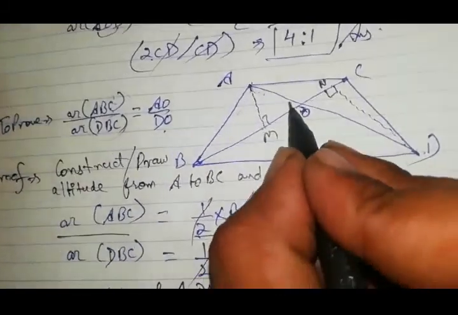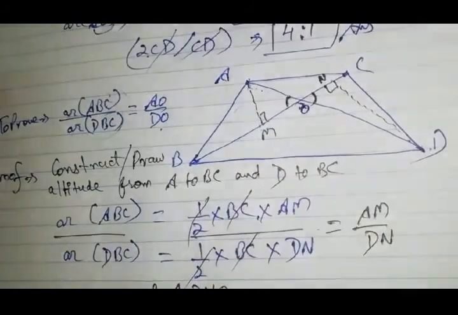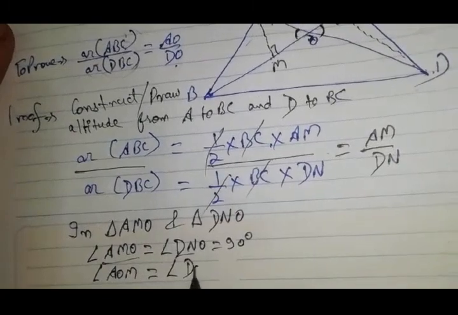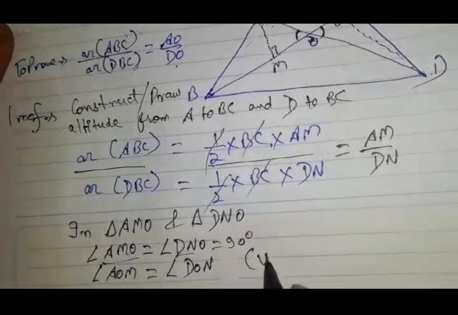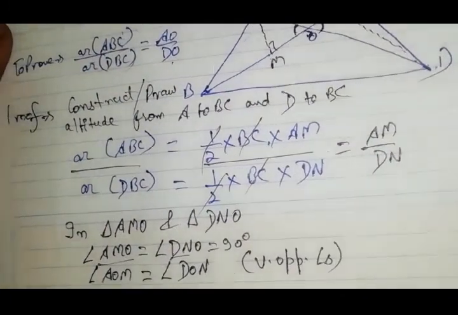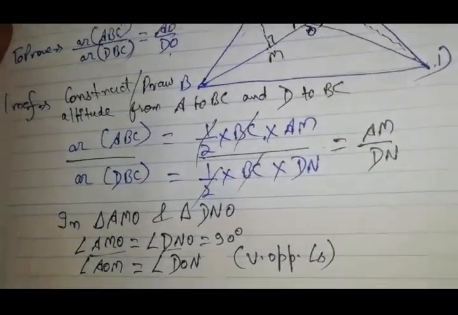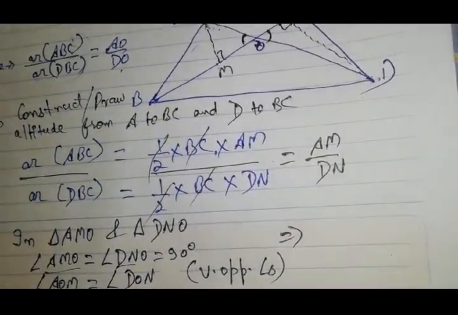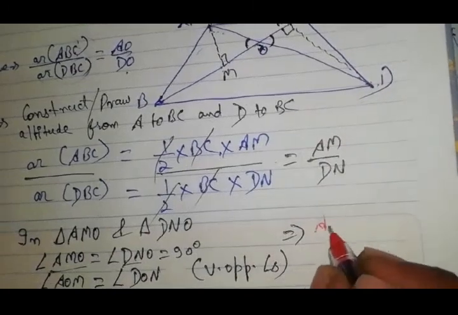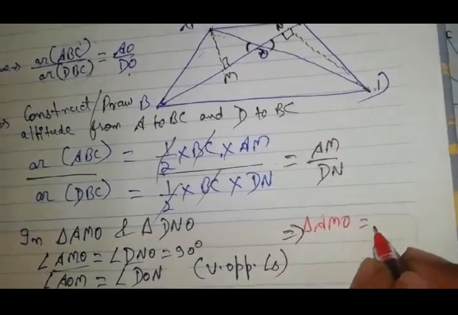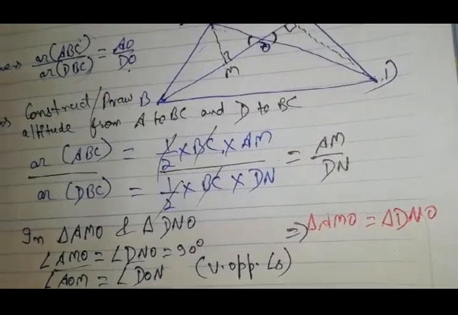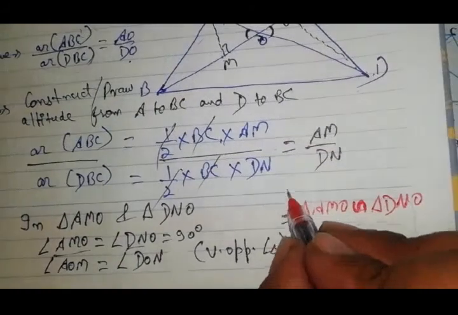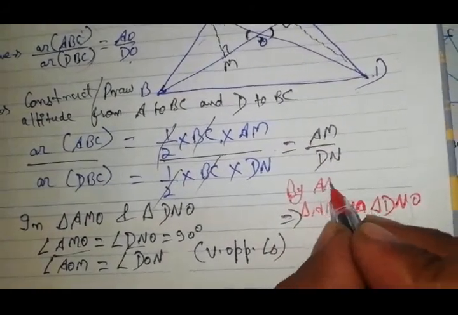Another thing, angle AOM is equal to angle DON, by vertically opposite angles, because whenever two lines intersect each other, their vertically opposite angles are equal. So by this, triangle AMO is similar to triangle DNO, not equal, similar, by angle similarity.